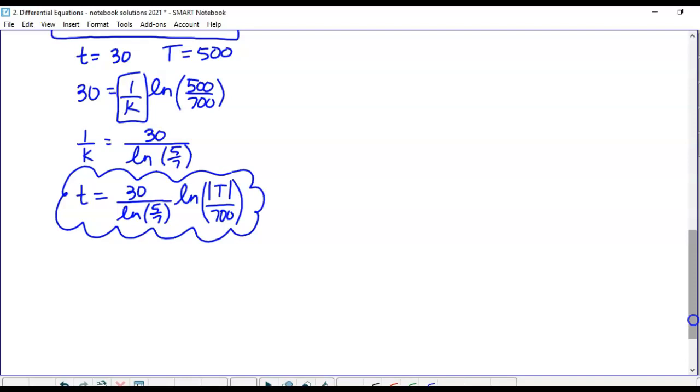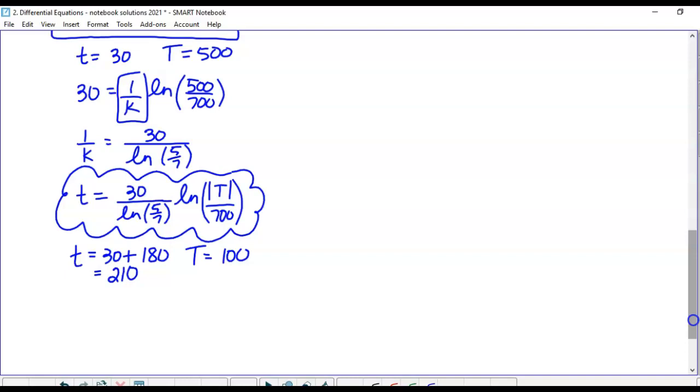It is found that it takes a further 3 minutes for the temperature to fall from 500 to 100. So since the beginning then, you've got 30 seconds plus 60 times 3, which is 180. So that's 210 for time, and the temperature ends up being 100. Okay, so we want to see how close this is.